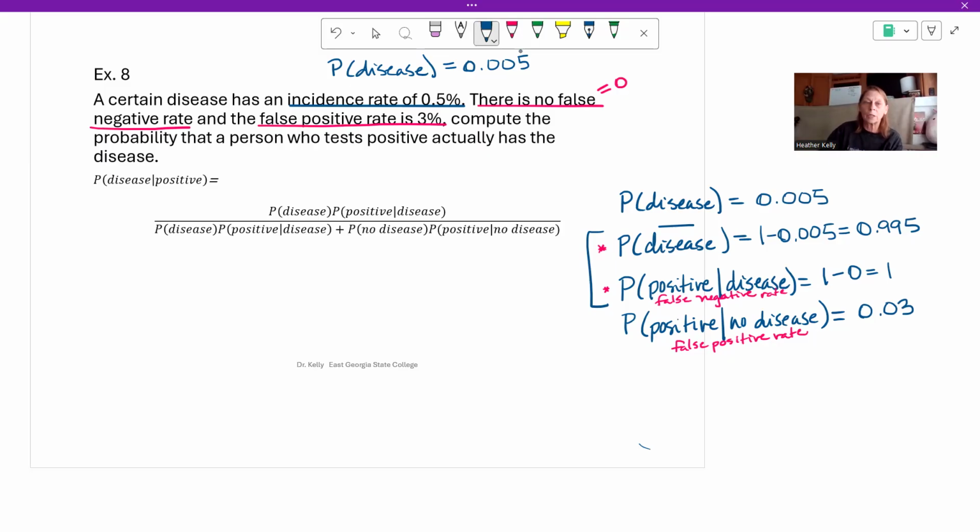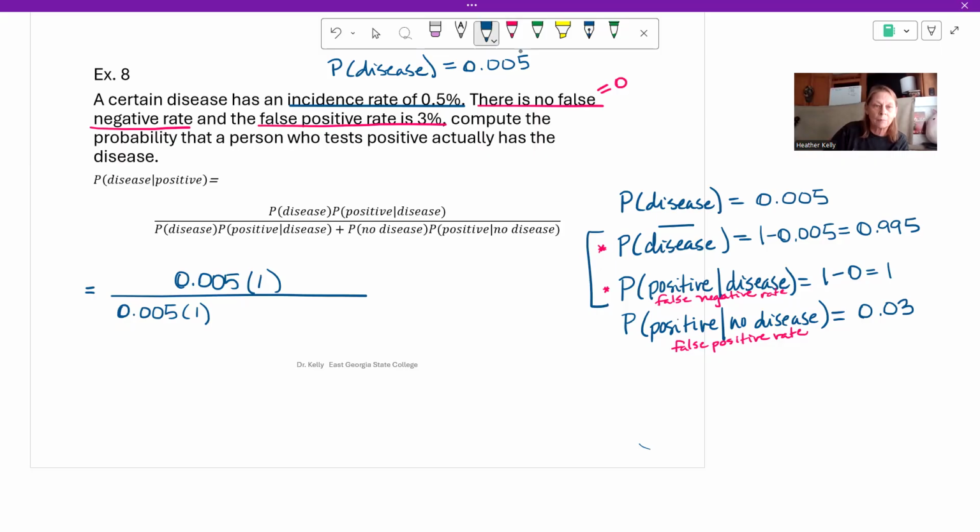Now we just plug and chug it in. So this is going to be equal to probability of the disease 0.005 times the probability that we're positive given we have the disease, which is 1, over 0.005 times 1, because whatever you wrote on the numerator, you write it down again in the denominator.